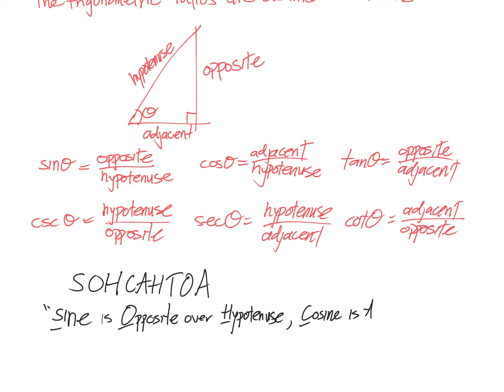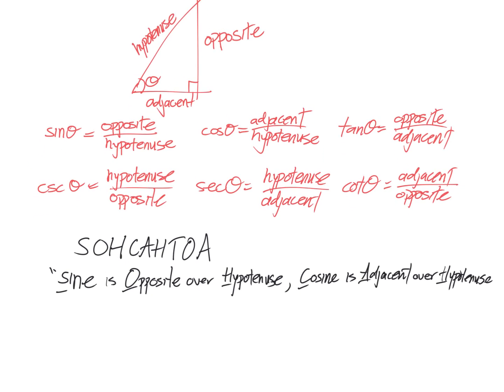Cosine is adjacent over hypotenuse, and tangent is opposite over adjacent.